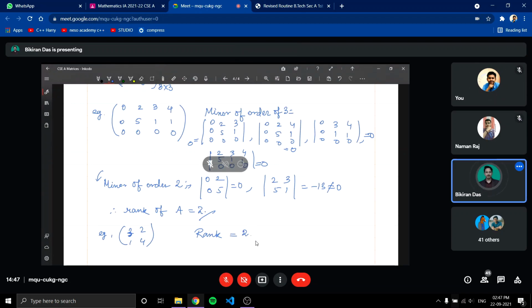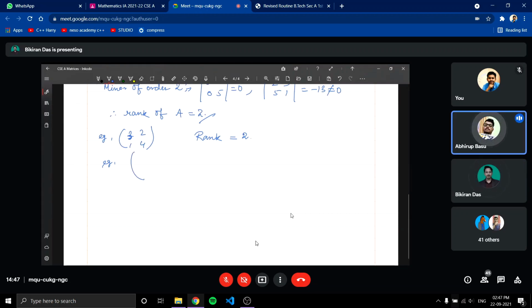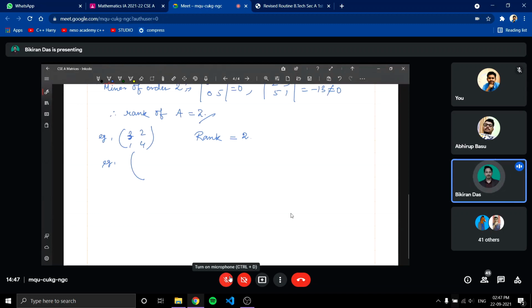Let us take any other one. Say this one. You will only do it and tell me. Take your pen and paper. If it is equal to zero, then the rank will be different. Obviously, if it is equal to 0, then we'll move to the next order minor, which means one order, only the elements.